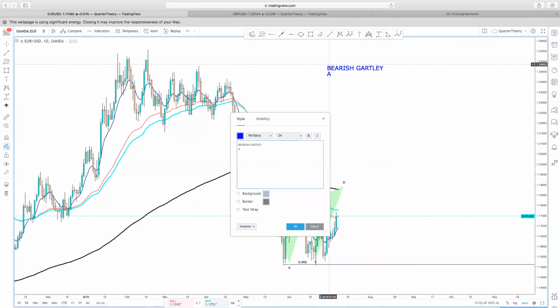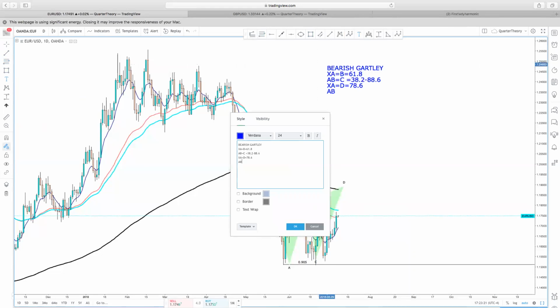Your XA equals B, and that B for Gartley is a 61.8. Your AB equals C, and your C equals anything from a 38.2 to an 88.6. And then your D would be your XA extension equals D, and that would be your 786.